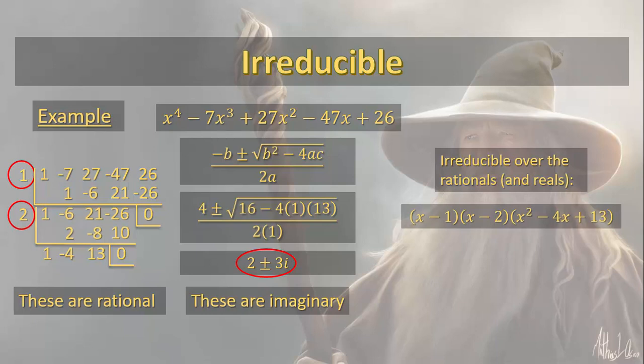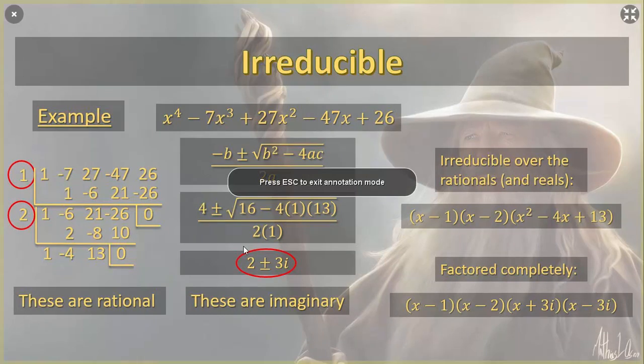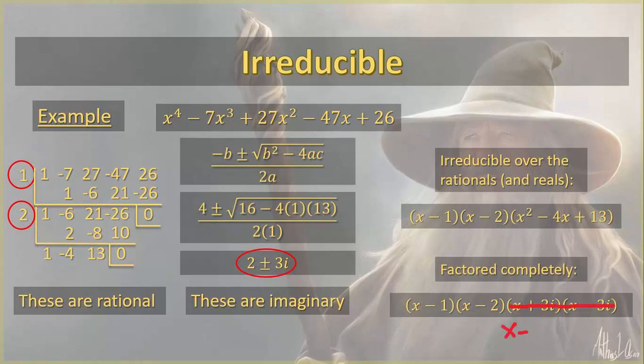All right, and completely factored would look like, that's not right. Gonna have to make some adjustments here. This should be x minus 2 plus 3i, and this should be x minus 2 minus 3i.